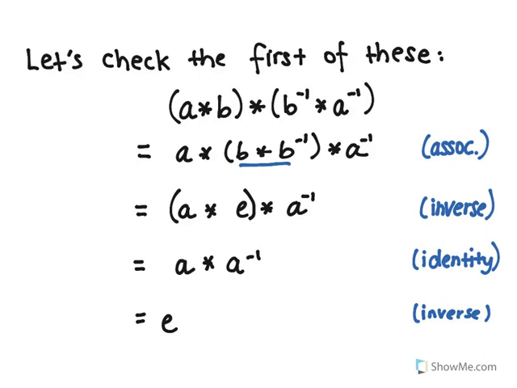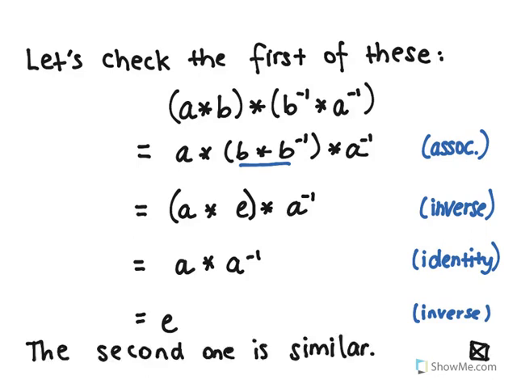So I've successfully proven the first of the two equations I wanted to prove. The proof of the second one of the two equations on the previous slide is super similar, so I won't go through it here. So with that, that's all for that proof. And that's enough for today's video, so I'll see you in class.